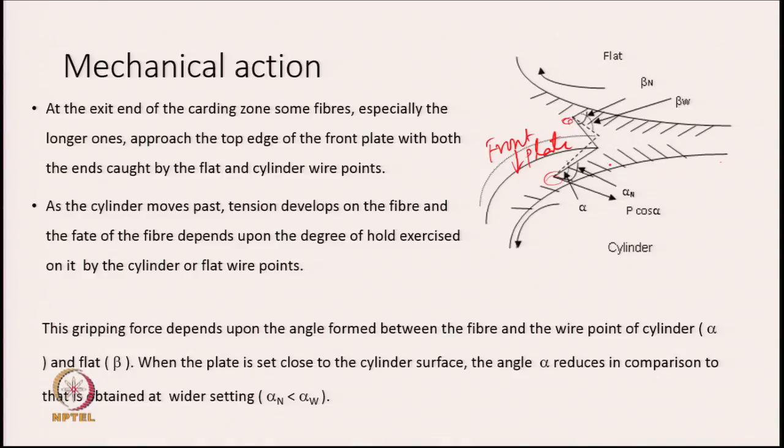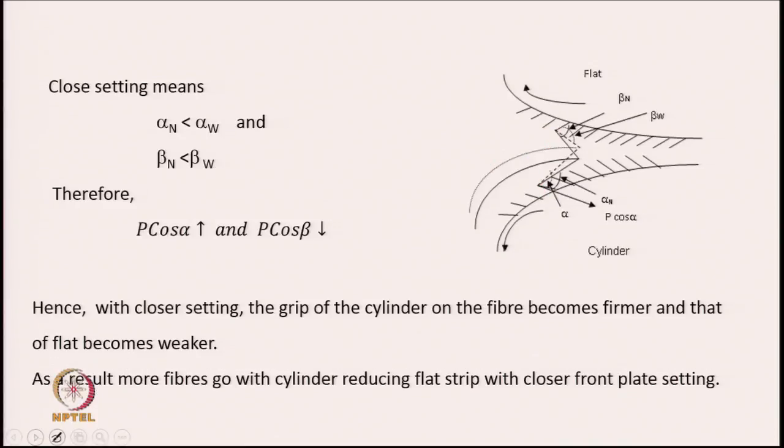And if we look at the diagram carefully, then we will see that the angle that the fiber makes with respect to the wire point is angle alpha and angle beta. Then we will see that when the setting is closer, alpha n is less than alpha w, where alpha n is the angle in the normal situation and alpha w is the angle when the setting is wide.